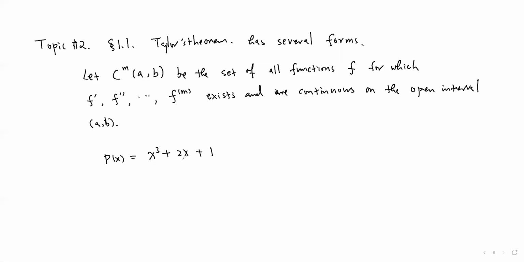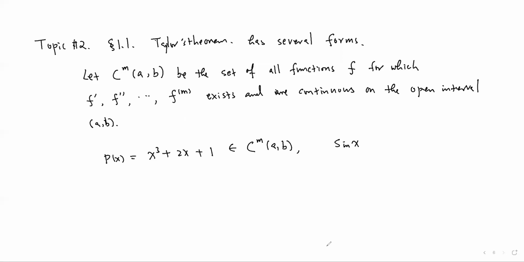So this polynomial is in C^m(a,b) for any interval (a,b). Second example, very easy to find: sine of x.